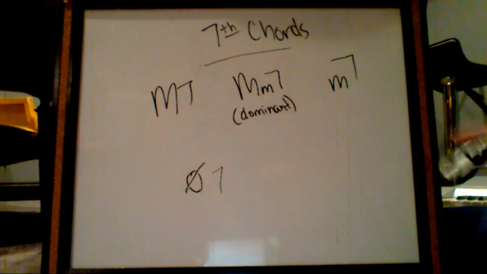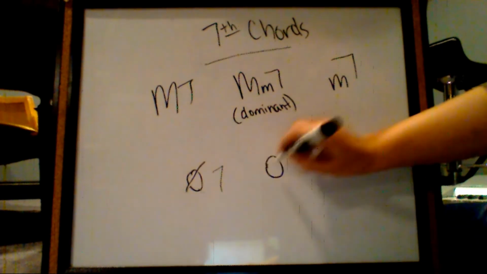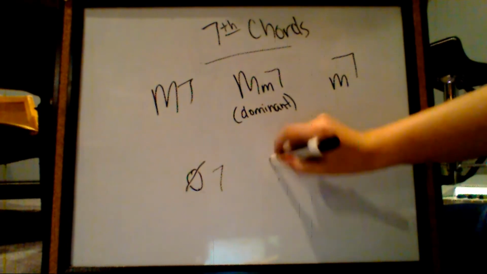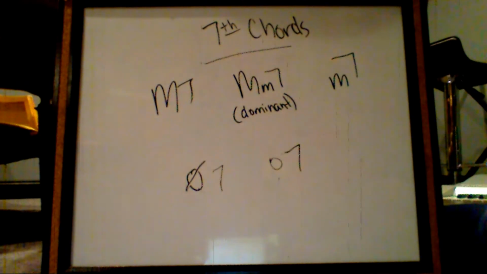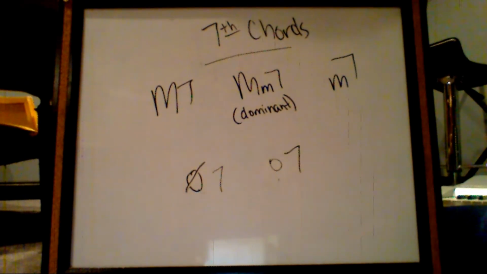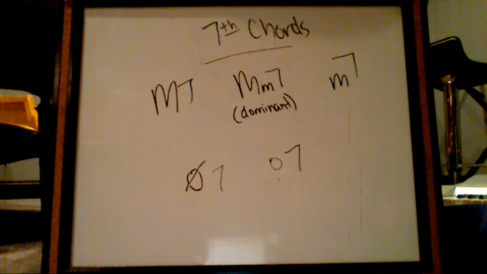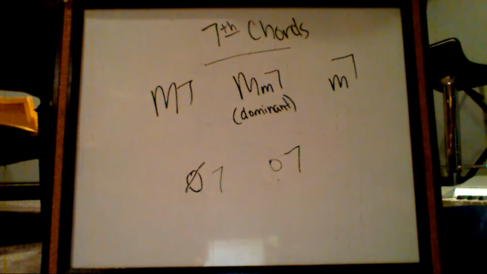And the other last type is just a fully diminished 7th, which is just an open circle instead of the cut circle, which means half diminished because you're cutting the circle in half. Good way to remember it. So we're going to dive right in, and we're going to start with major 7th chords.